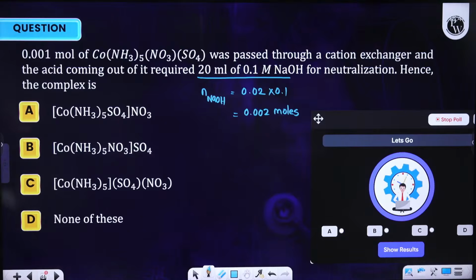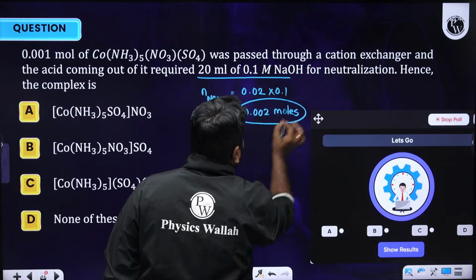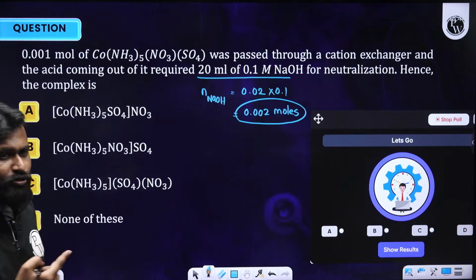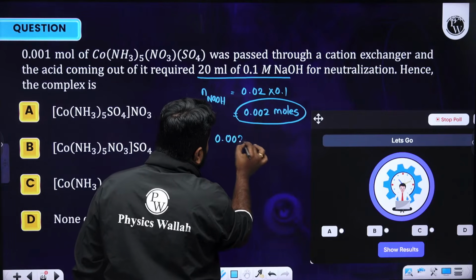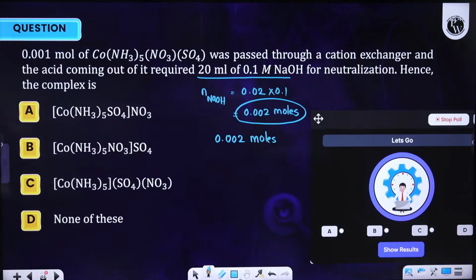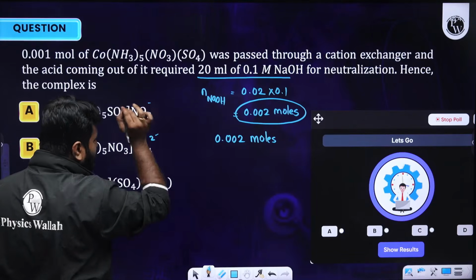Now very simple. This much NaOH is required for neutralization of acid, which means how much acid needs to come out? Acid also needs to come out, 0.002 moles. Understand, it passes through cation exchanger, with NO3 minus and SO4 2 minus.